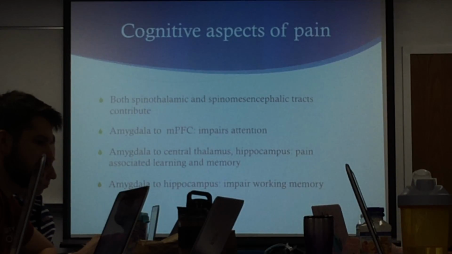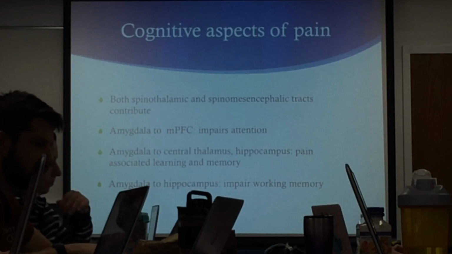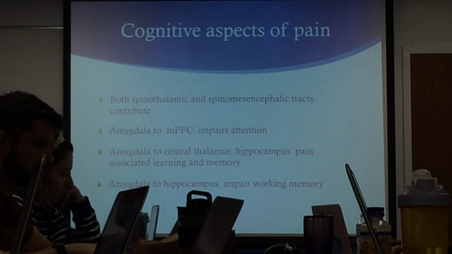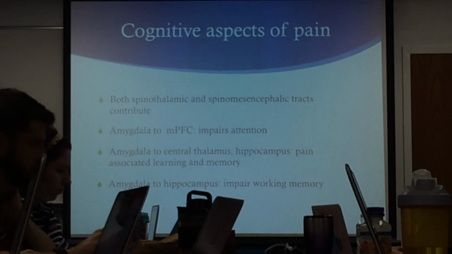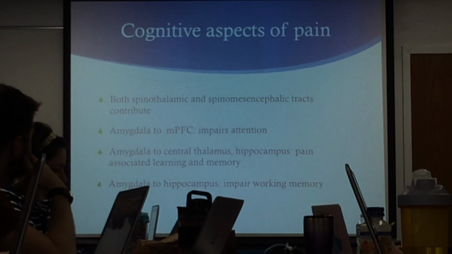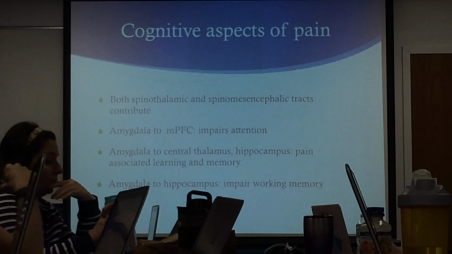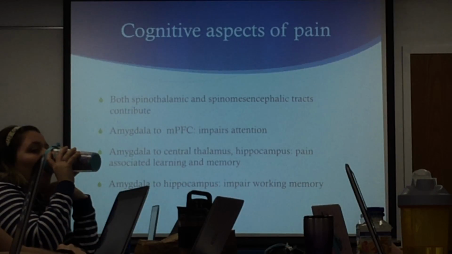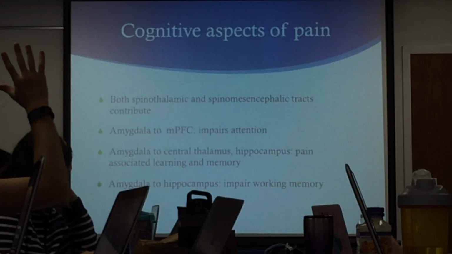So when you have pain through the spinomesencephalic tract projecting to the amygdala, you get fourth order neurons projecting to the medial prefrontal cortex, and they impair your ability to pay attention. There are also projections from somatosensory cortex to medial prefrontal cortex as well. Other examples: amygdala projects to the central thalamus and then onto the hippocampus, and that's how pain-associated learning and memory occurs. And then there are other projections directly from amygdala to hippocampus, which impair.